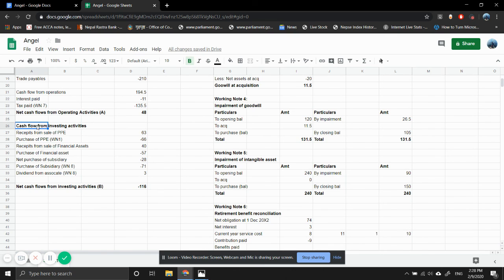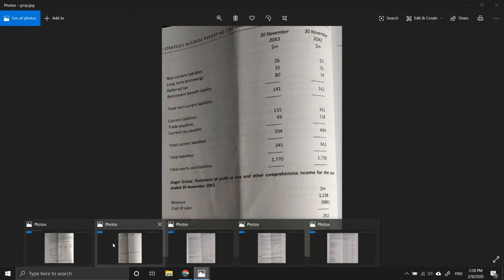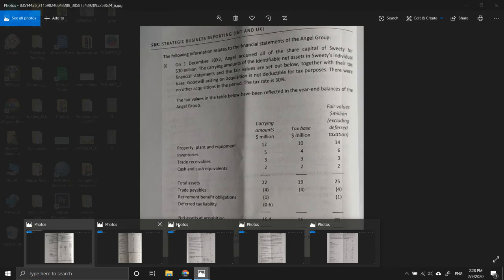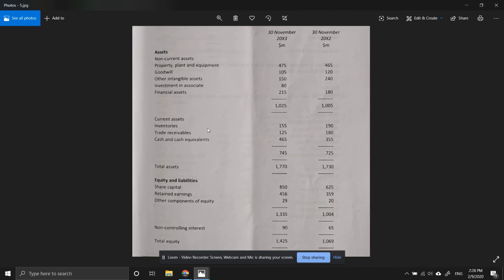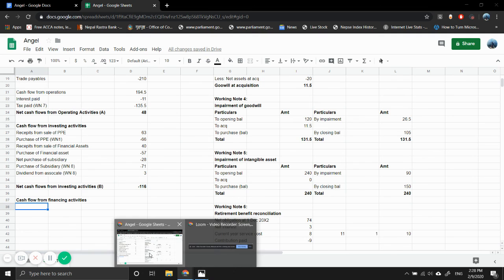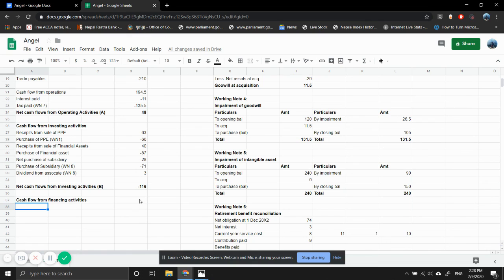So cash flows from financing activities. What has happened with share? Let's look at that. Share capital has increased, right?